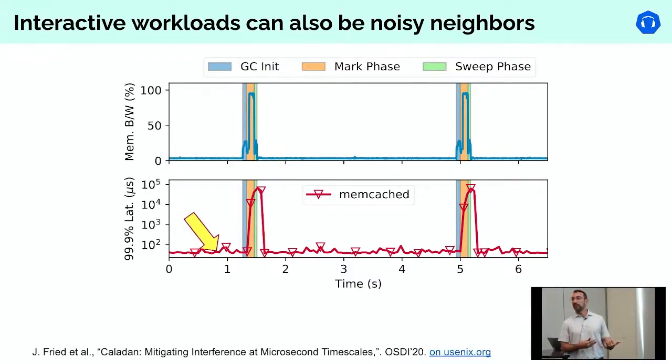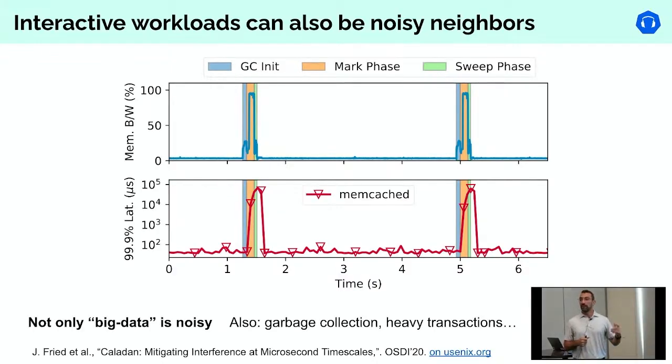And if you look at the latency of Memcache, usually it's very low, around 50 microsecond P99.9, very reliably low. But then during the mark phase of the garbage collected workload, its latency spikes up. And this is like 3 orders of magnitude, 1,000 times slower for Memcache. So even a garbage collected workload can cause this type of noisy neighbor. And if you have applications that suddenly read and write a lot of memory, they could be noisy neighbors to other applications.